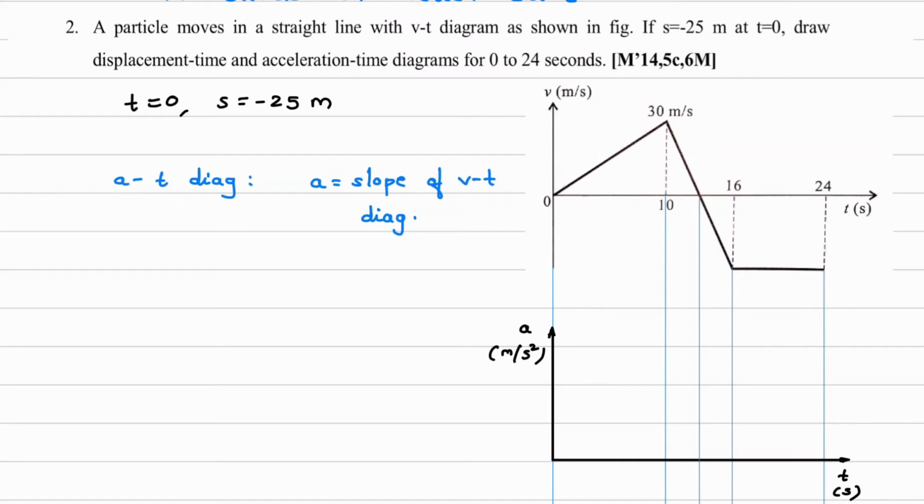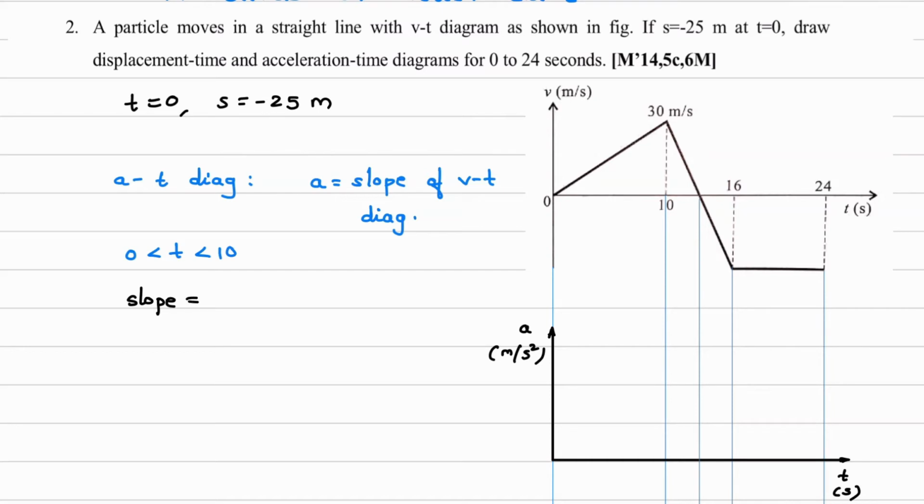For the first time interval, from 0 to 10, we'll write down the time interval: time is between 0 and 10.